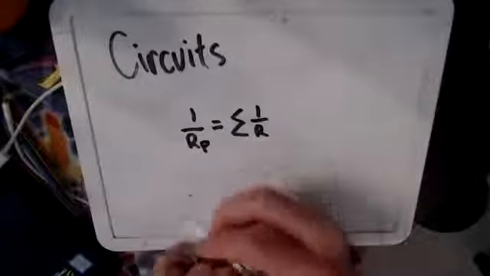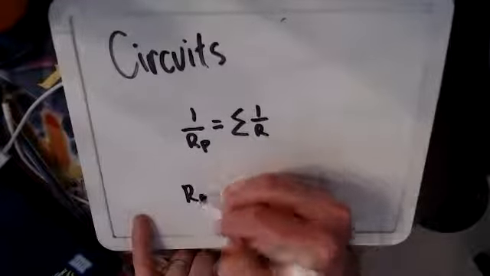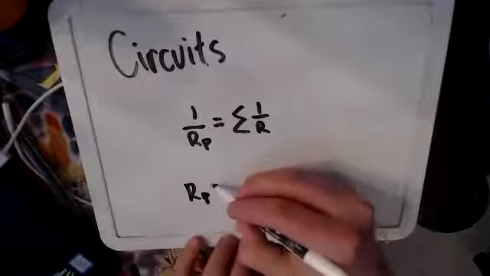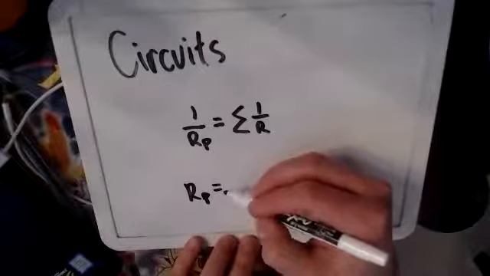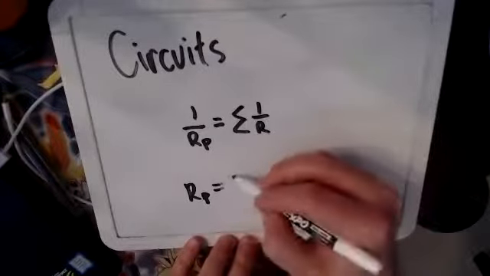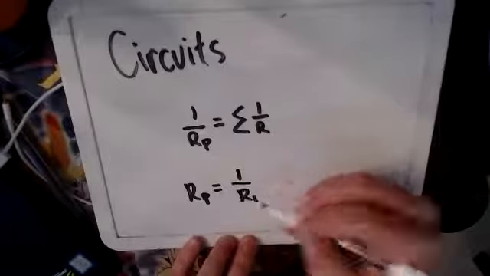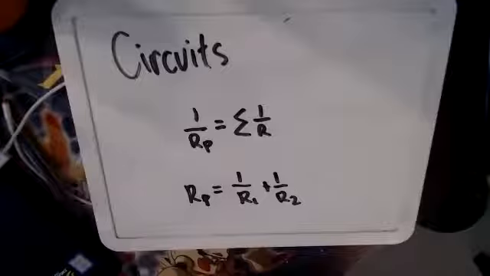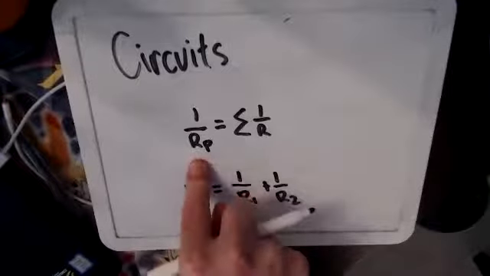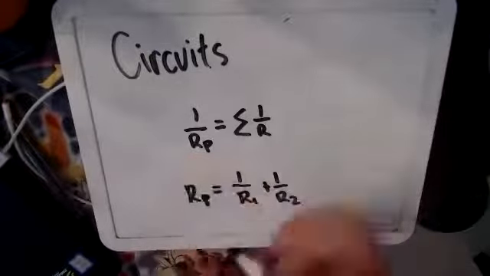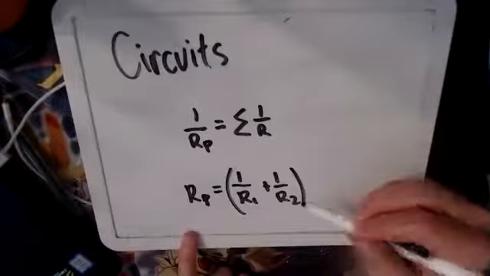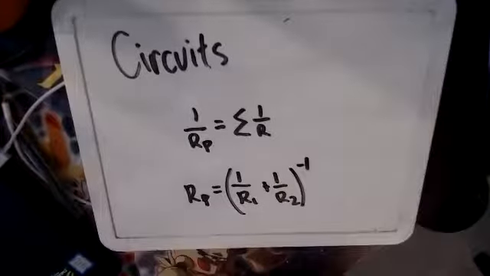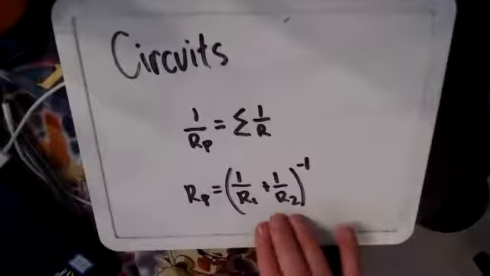If I were to write this out, I like to write it like this, where I take the resistance, and then I say that must be equivalent to 1 over R1 plus 1 over R2. In our case, we only had 2 resistors, but notice that I inverted this side to make it that, so I must also invert the other side. So keep that in mind when you're solving these problems.